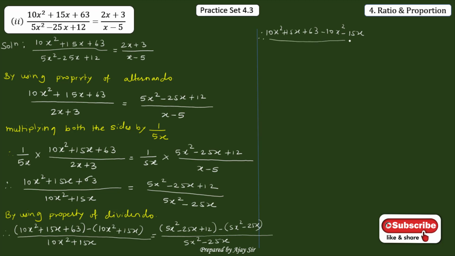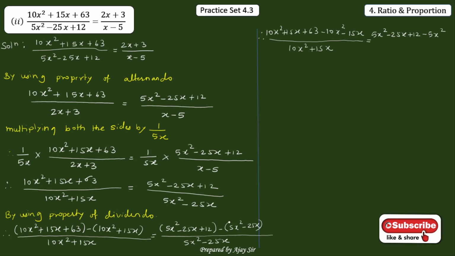Similarly, this denominator 10x² + 15x remains as it is. On the right-hand side, the term 5x² − 25x + 12 remains as it is because the plus sign is outside. Here the minus sign is outside, so it is minus 5x².